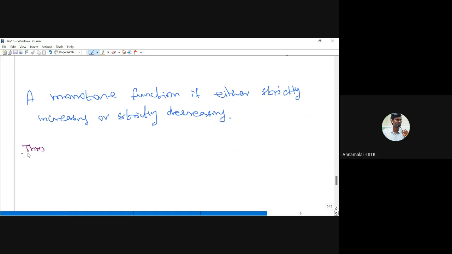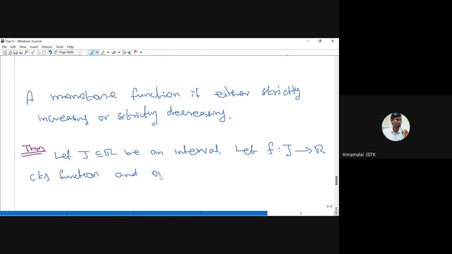So the theorem says, suppose we have a continuous function defined on some interval J. Let J, a subset of R, be any interval, and let f be a function from J to R, be a continuous function and one-to-one function.